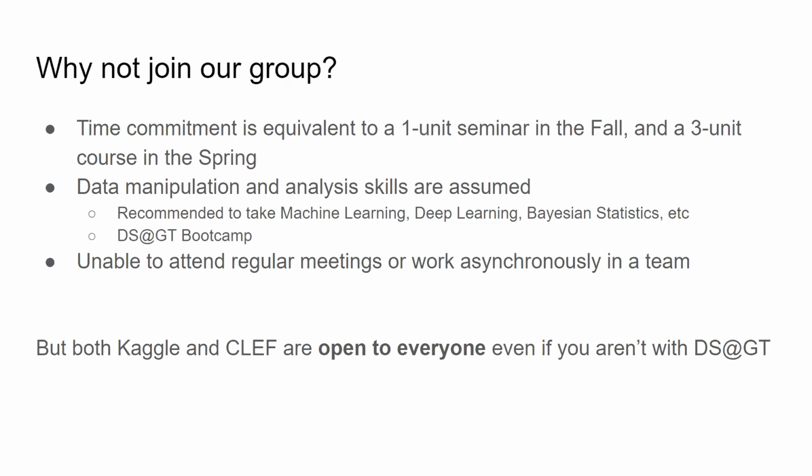So 1 unit, it's not really worth a ton, but you're probably spending 1 to 3 hours a week coming to meetings and then engaging with the material. In the spring, you can think of it as a 3-unit course. So between 50 to 150 hours across the semester, probably more if you're going to be leading it, if you want to be a first author.